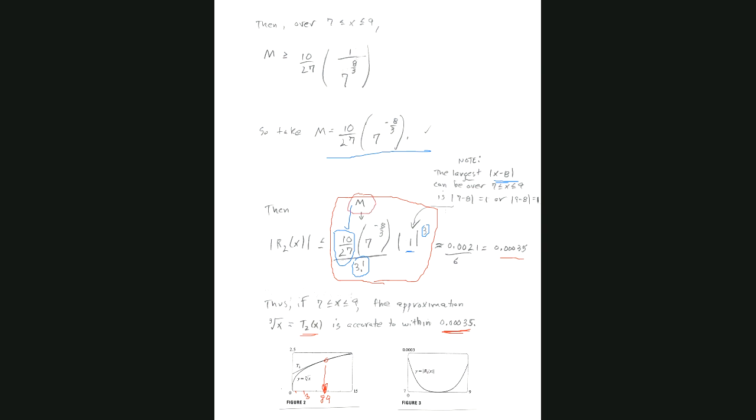To figure out what M is, you have to compute your derivative. In this case, it was the third derivative. And then ask yourself, is my derivative, whatever derivative it is, decreasing with x or increasing with x?